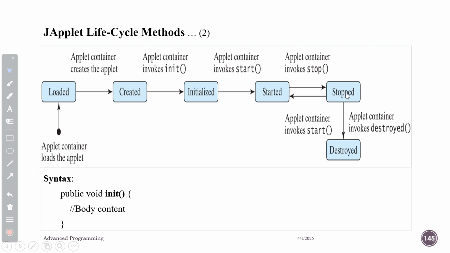The applet container invokes stop. After the applet is started, it is going to be stopped. So start and stop are called as many times as the execution is undertaken. But initialization and destroy are only called once throughout the applet life cycle. The applet container invokes start if there is another execution to be performed.